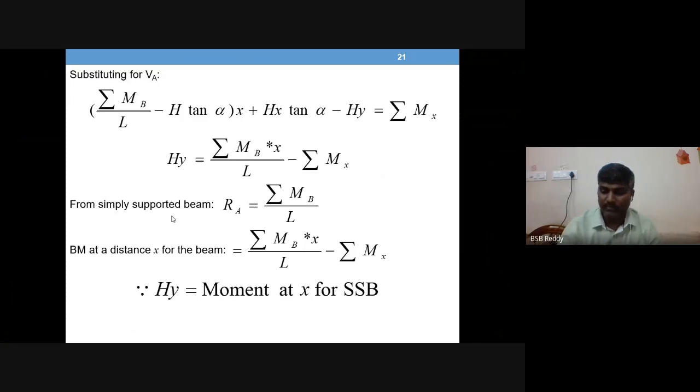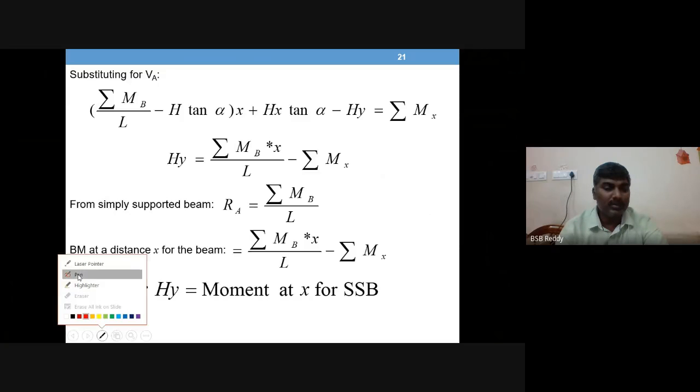Last session we proved the general cable theorem. I have written the theorem in mathematical form so that you know it very well.